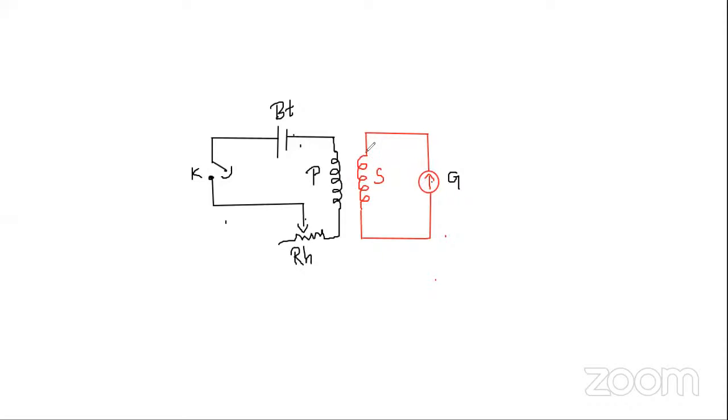So the secondary coil, even though it is not connected to any source of electricity, is getting induced current due to the presence of the primary coil.